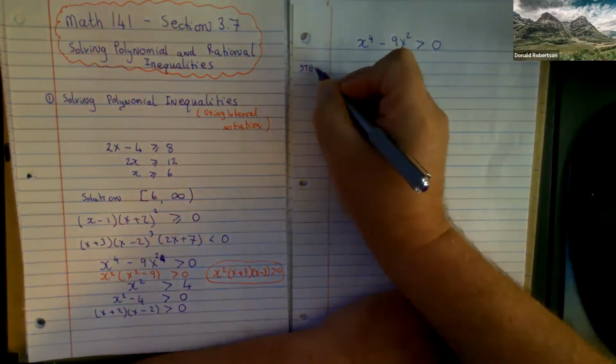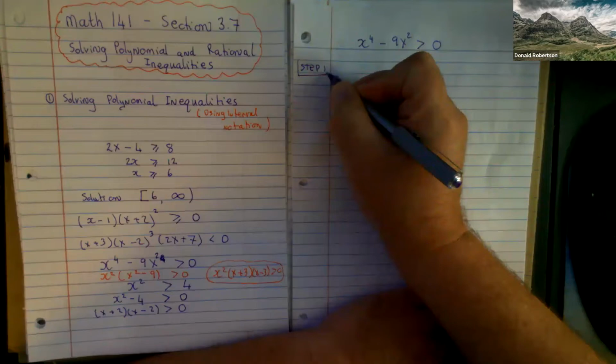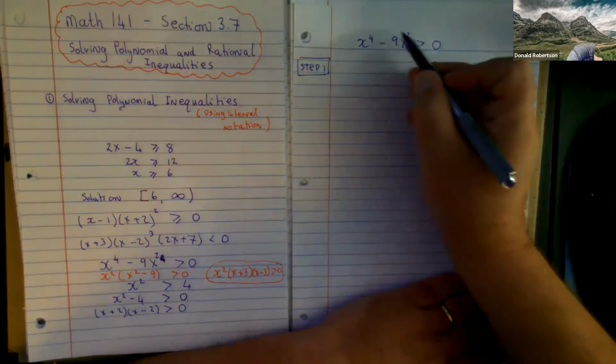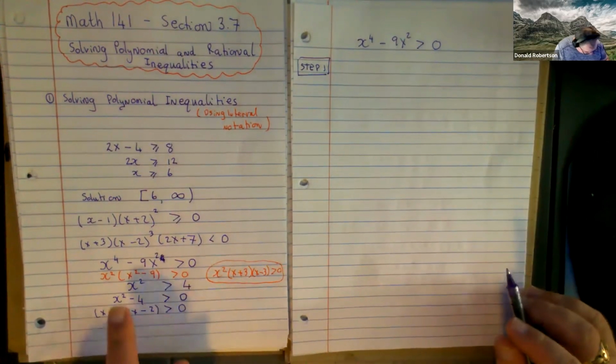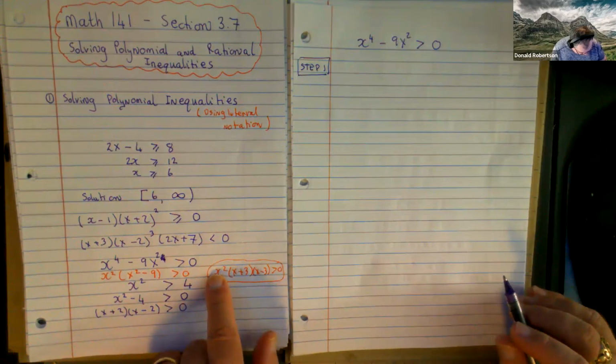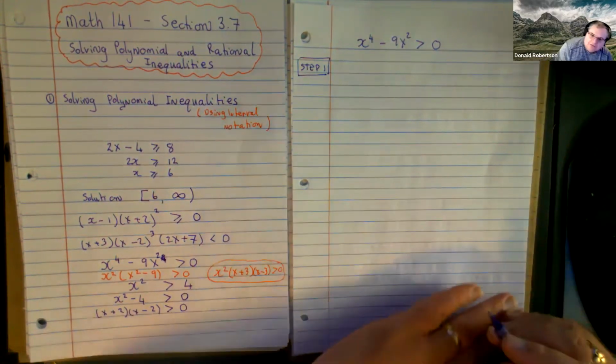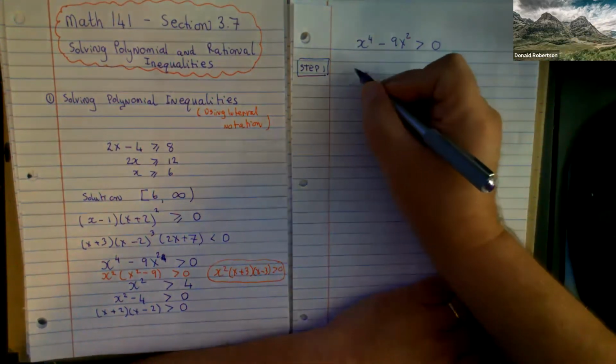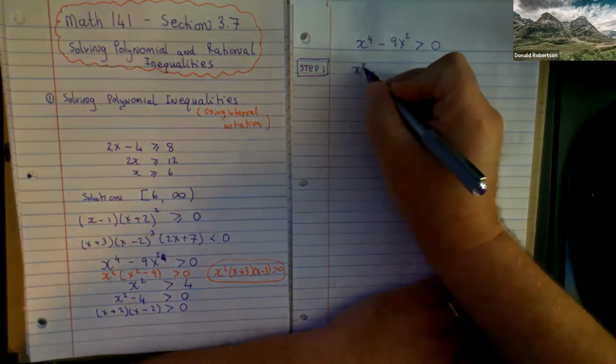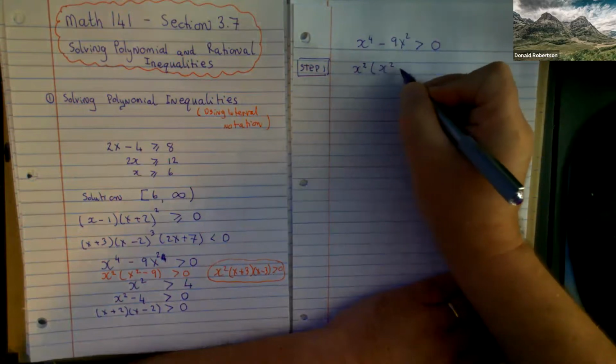The first step, step one, is to make sure that this gets factored and that it ends up looking like a whole load of things factored, greater than 0 or less than 0, whatever is appropriate to the question. So I'm going to pull out x squared as a common factor.